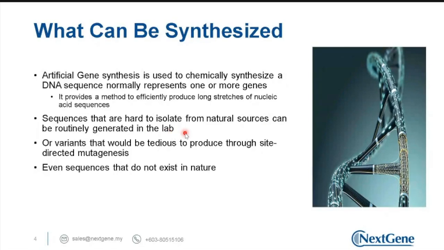Or sometimes, if you have a variant of a gene that you want to compare to the wild type, and this variant might be tedious to produce through site-directed mutagenesis, then you can seek the help of gene synthesis. And actually, there is no restriction on the sequence. You can synthesize sequences that don't even exist in nature.